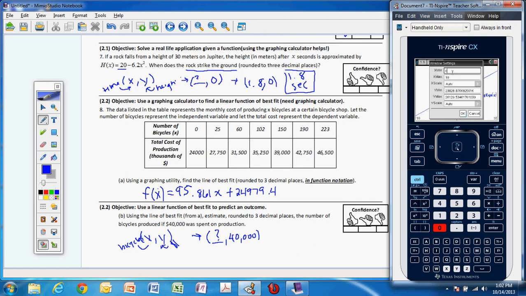For the number of bicycles, I'm going to put 300 in, because if you look at your table, nothing goes past this. In this case, we're looking at $40,000 spent, so I'm going to guesstimate that it's between 150 and 190, somewhere in there. So I'm never going to go past it; I'm going to put 225 as my X max.